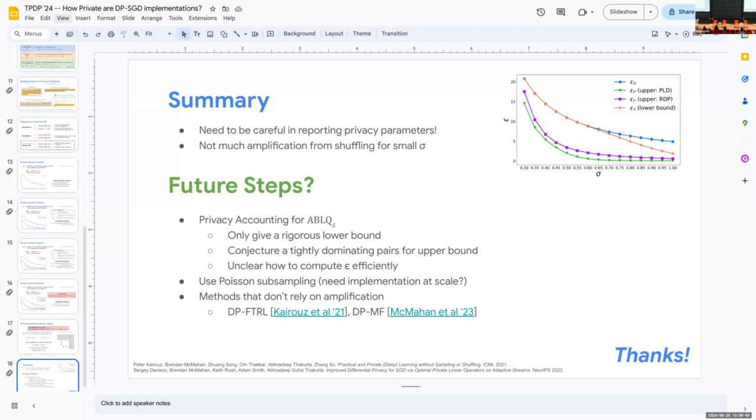That can of course be problematic, right? If you need to add twice as much noise, then you get worse utility. And for some parameters, you can have very differing epsilons, similar to what they show here. You can have epsilon around 1 for Poisson sampling and epsilon 10 for sampling without replacement.